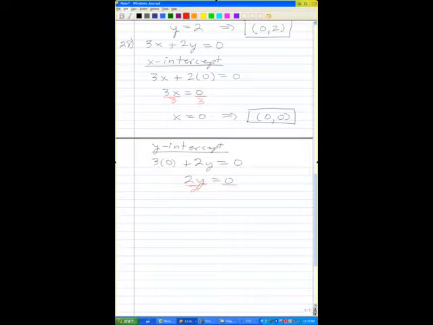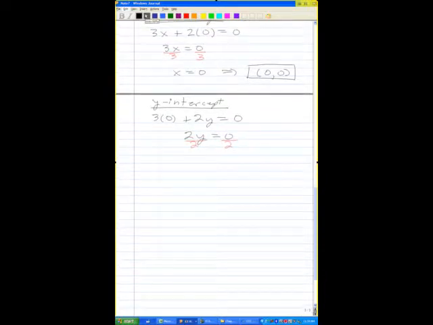Solving for y, by the multiplicative property of equality, y is equal to 0. Therefore, the y-intercept is at the origin. Notice that in this particular case, both the x and y-intercepts are the same. It passes through the origin. Once it passes through the origin, both the x and y-intercepts will be the same.